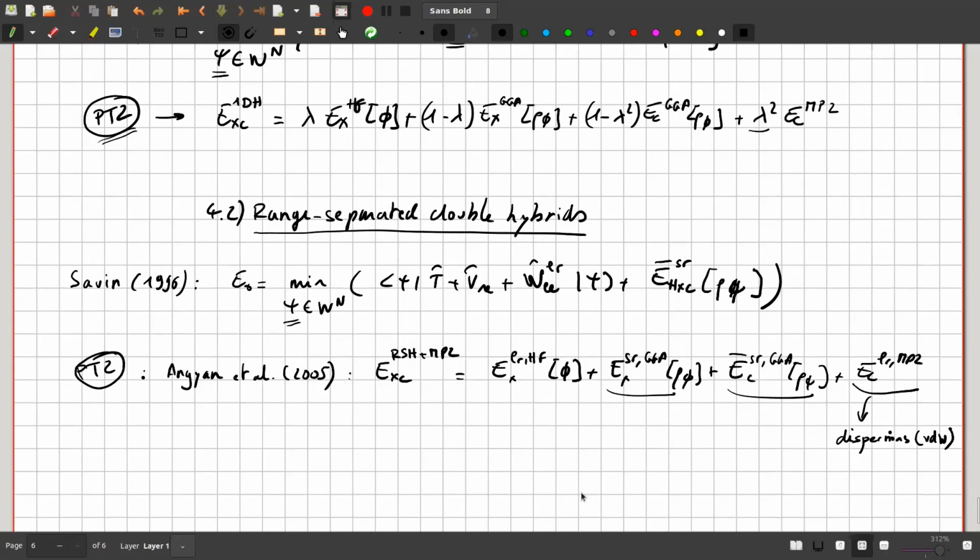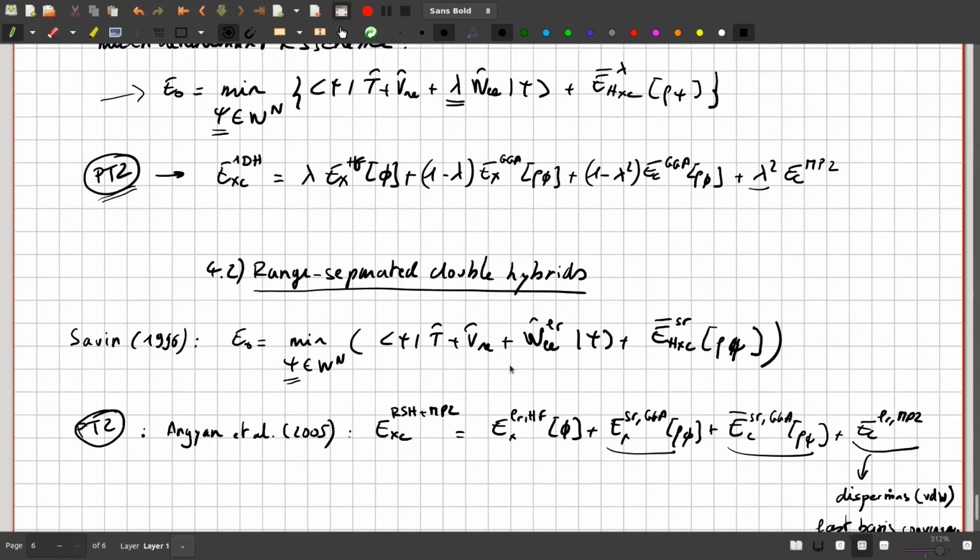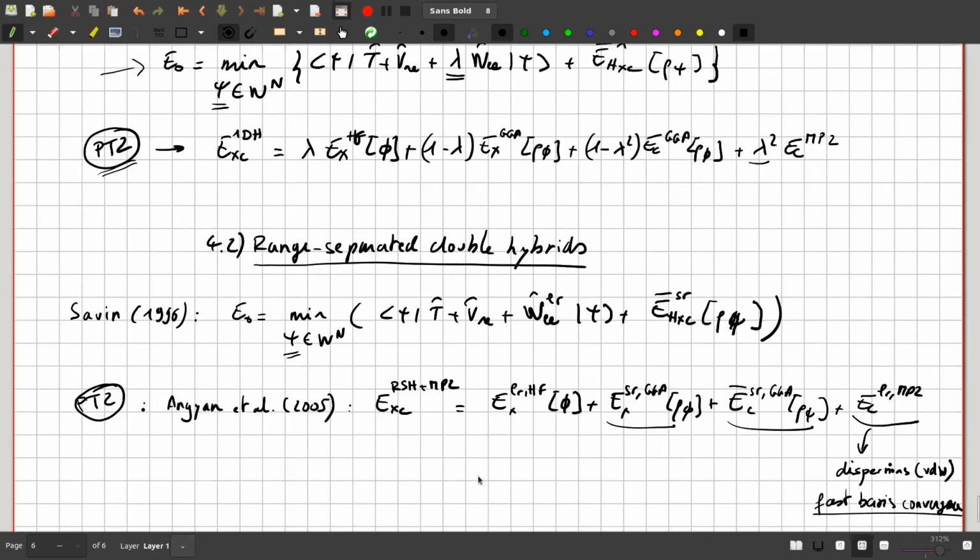And also the fact that MP2 is only for the long range means that you will have in practice a fast basis convergence. Okay, because it's the short range in MP2 that leads to a slow convergence. So you sort of combine the advantages of the two worlds. You can also combine the idea of this range separation and this lambda separation, okay? But I will skip that.